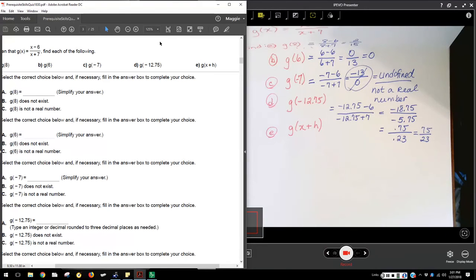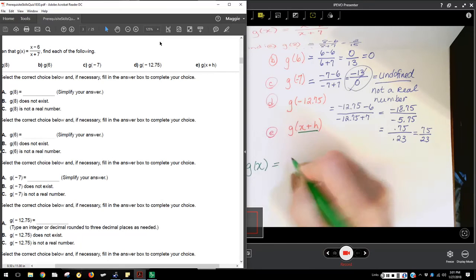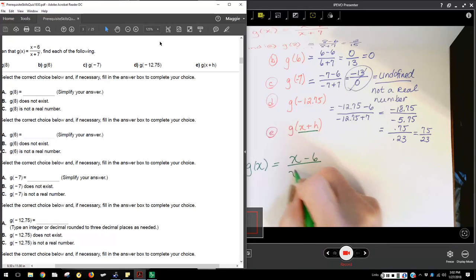Because with the last part, I actually have to do algebra because x plus h is not a number. So the original expression was g of x is equal to x minus 6 divided by x plus 7.